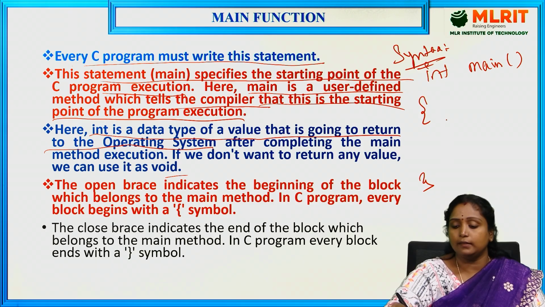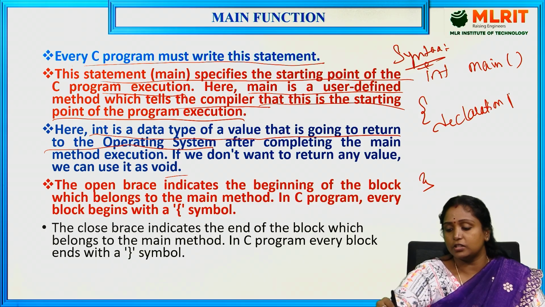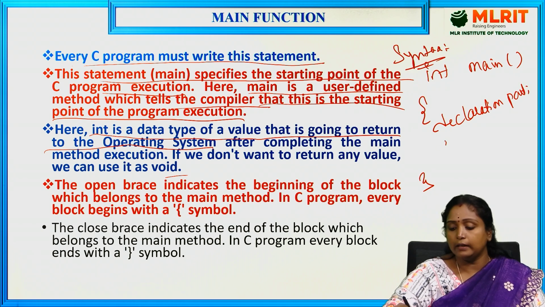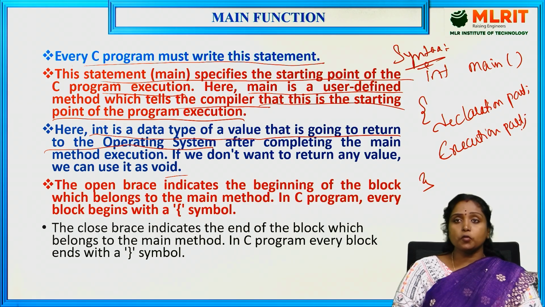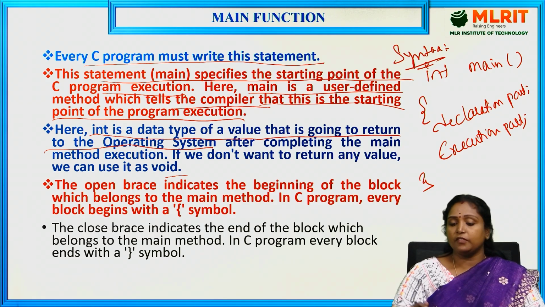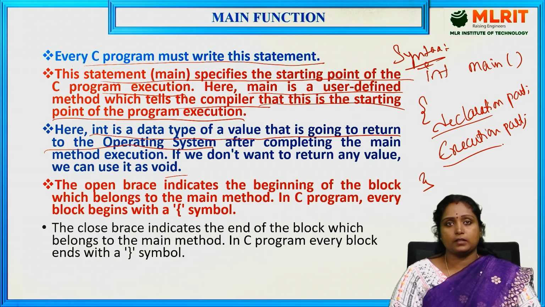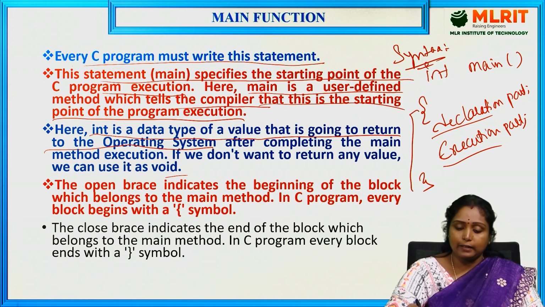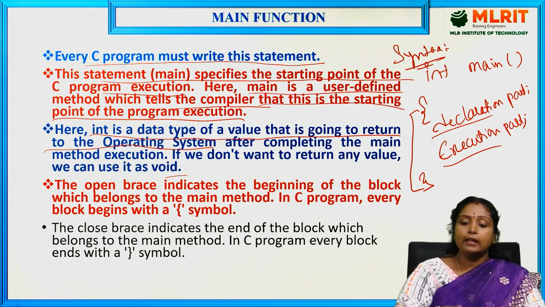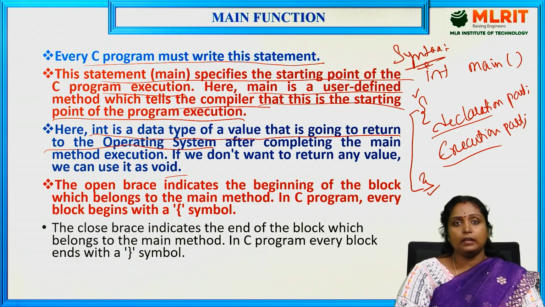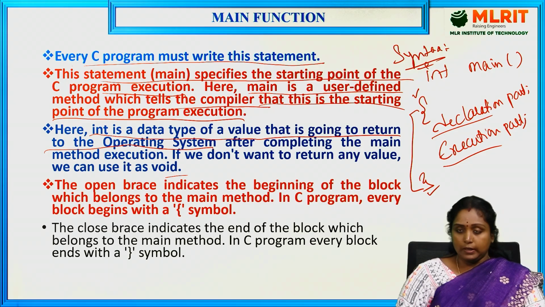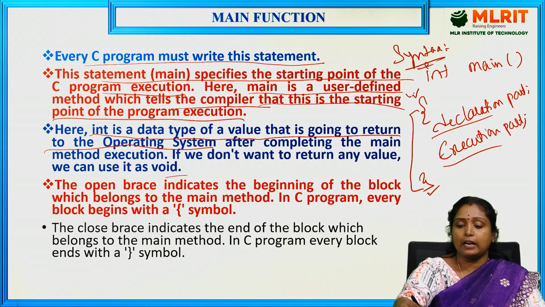In this main, first you have the declaration part to declare the values, and in order, the execution part is a process. What you want to do in this particular program, we will do in the execution part. Here the open and close brackets indicate the starting point and the closing point of the main function.